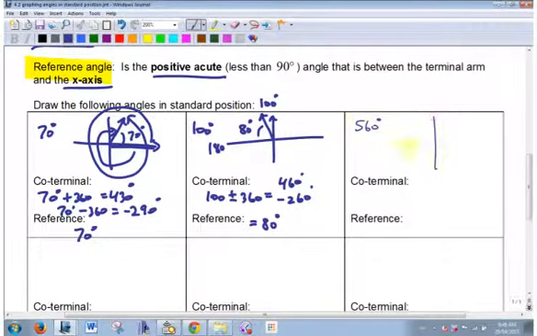560 degrees. Well, I go all the way around. That's 360. And then I got to go another 200, right? Which is over there.